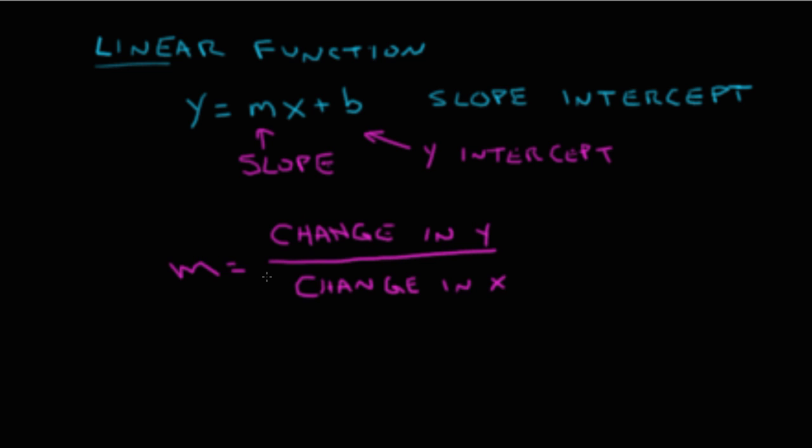Now sometimes you'll also see a linear function written in what's called point slope form, and that is simply y minus y1, where y1 is a known point, equal to m times x minus x1, where x1 is the x-coordinate of a known point that the line goes through, and this is called point slope.